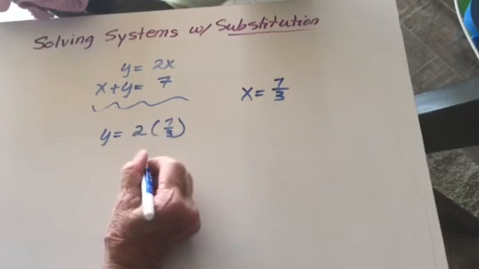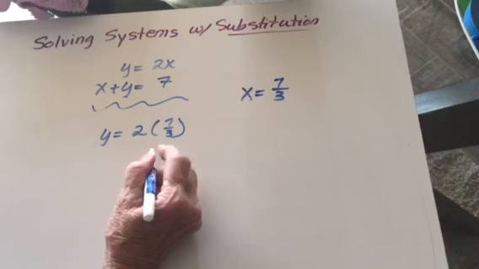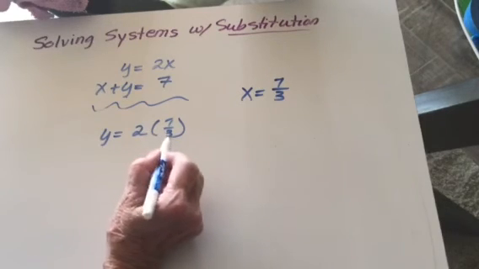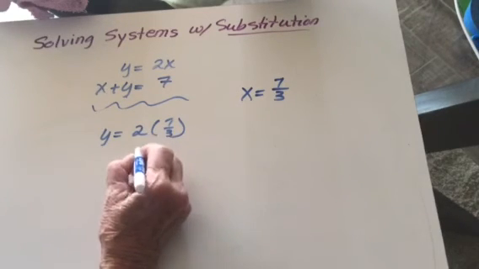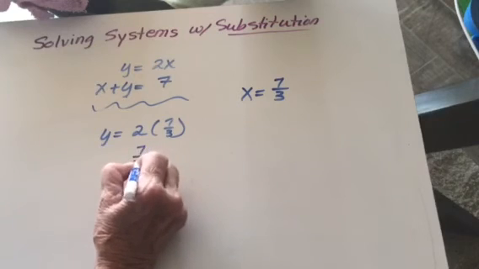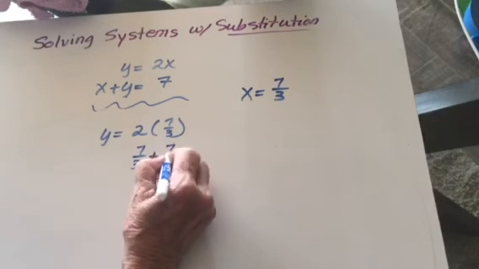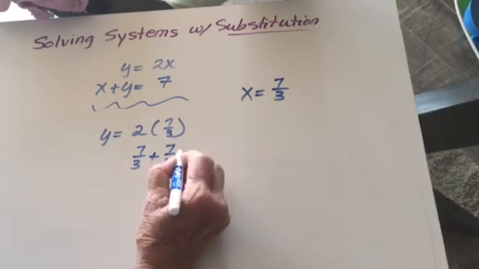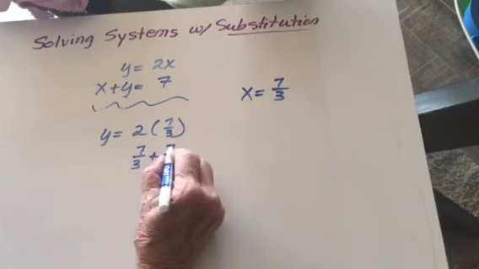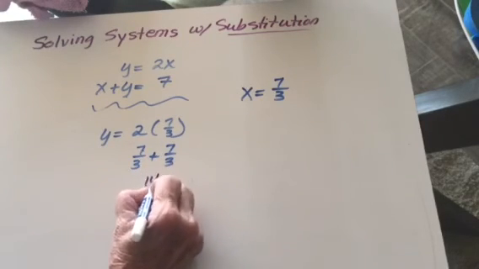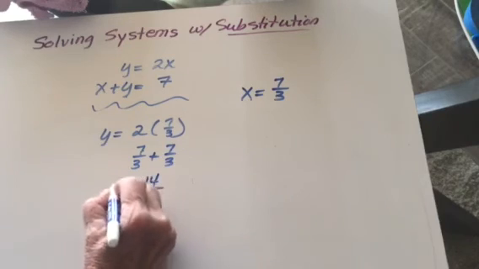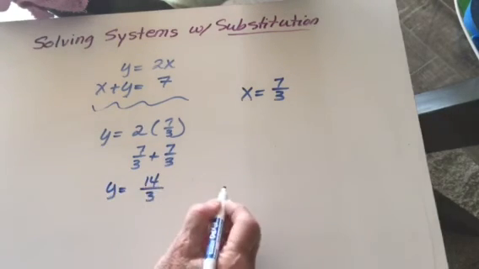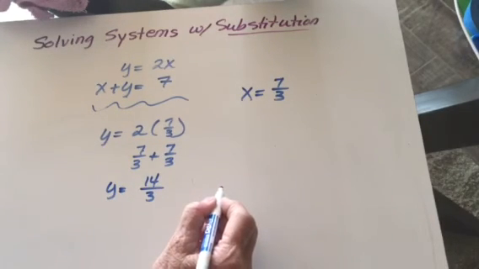What does 2 times 7/3 mean? Doesn't it mean that you add 7/3 2 times? So I can go like this, 7/3 plus 7/3. What does that equal? 7 plus 7 equals 14/3. So y equals 14/3.